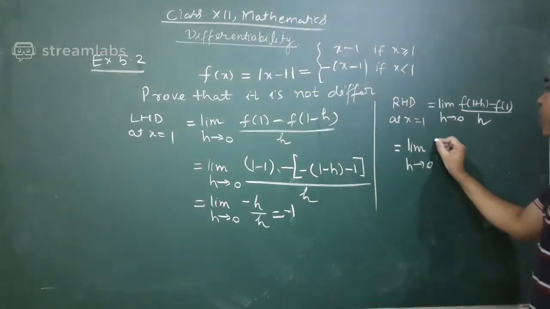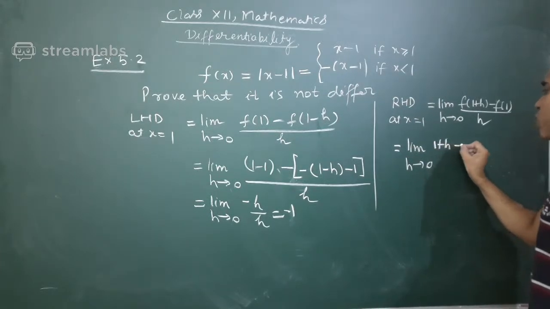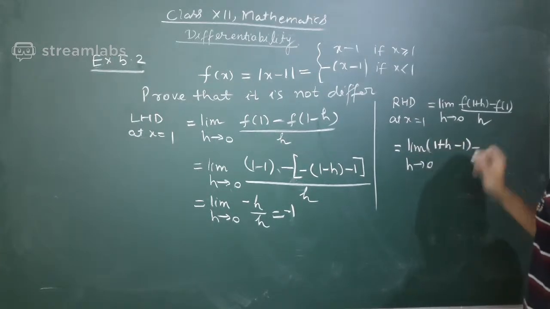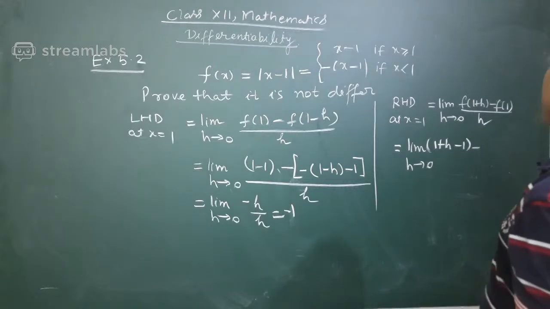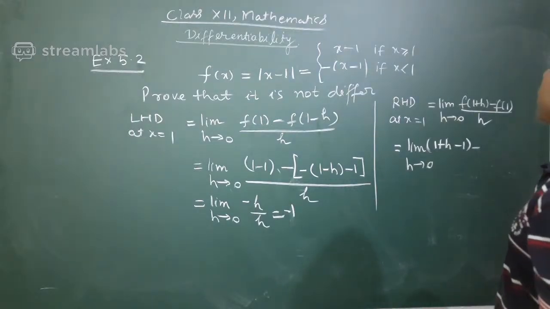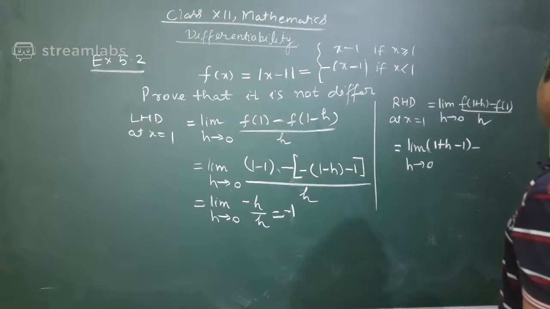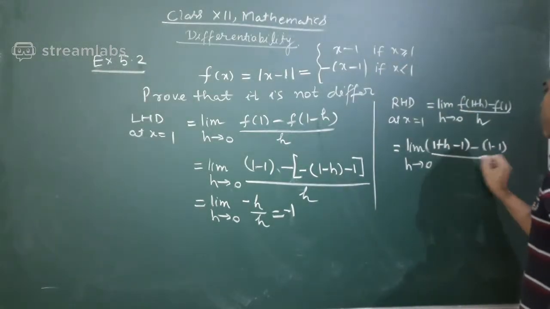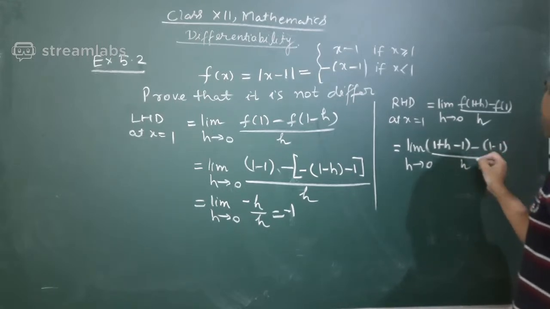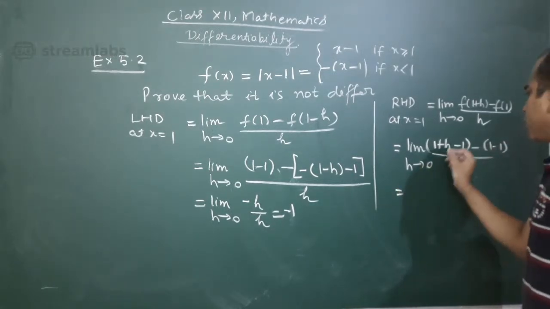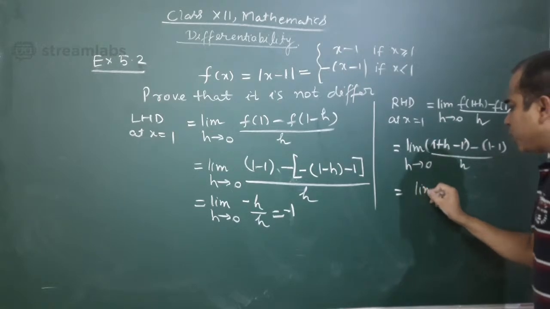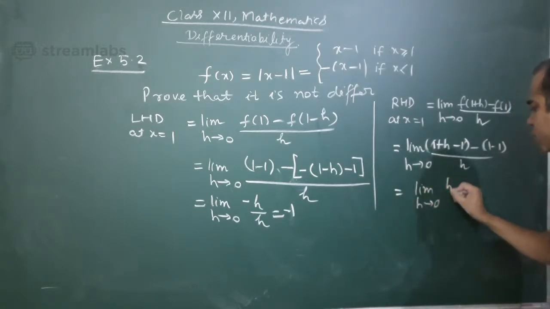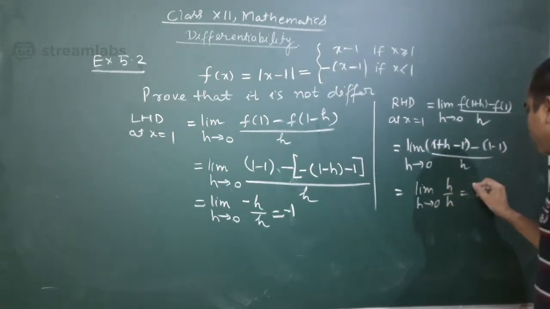So x के प्लेस पे मैं 1 plus h लिखने वाला हूँ. 1 plus h minus 1, minus f of 1. मैंने सही लिखा ना? 1 plus h minus 1, minus f of 1. f of 1 यहाँ पे 0 है. 1 minus 1 is 0, whole upon h cancelled. It will be limit h tends to 0 of h upon h. Correct? 1. 1 है ना?